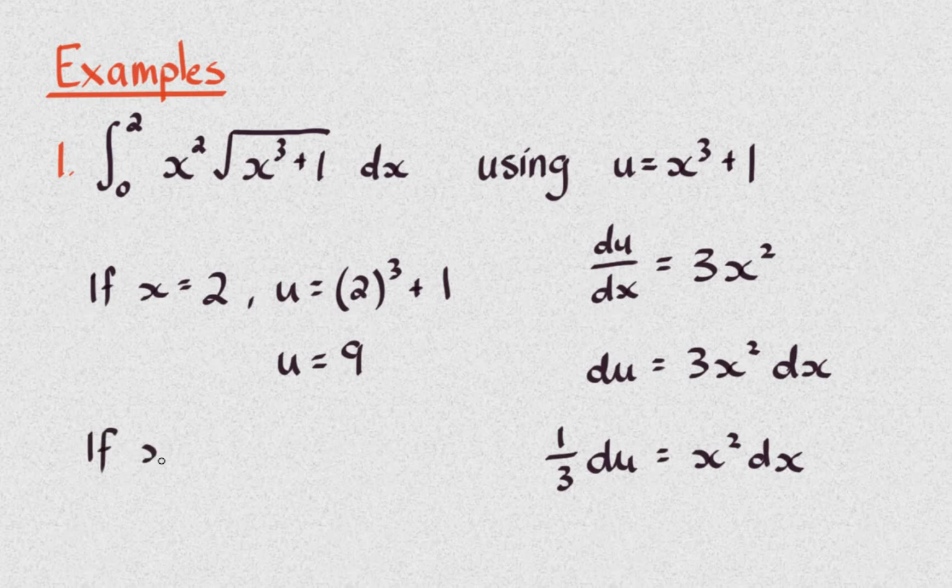And for x equal to 0, we get u is equal to 0 cubed plus 1. And this is simply 1. So we can now update our lower bound and upper bound to be between 1 and 9.